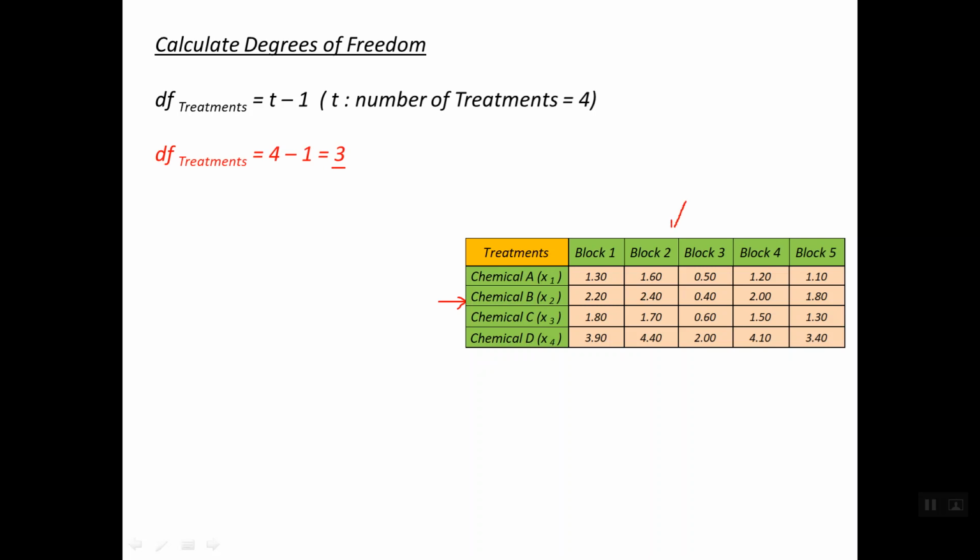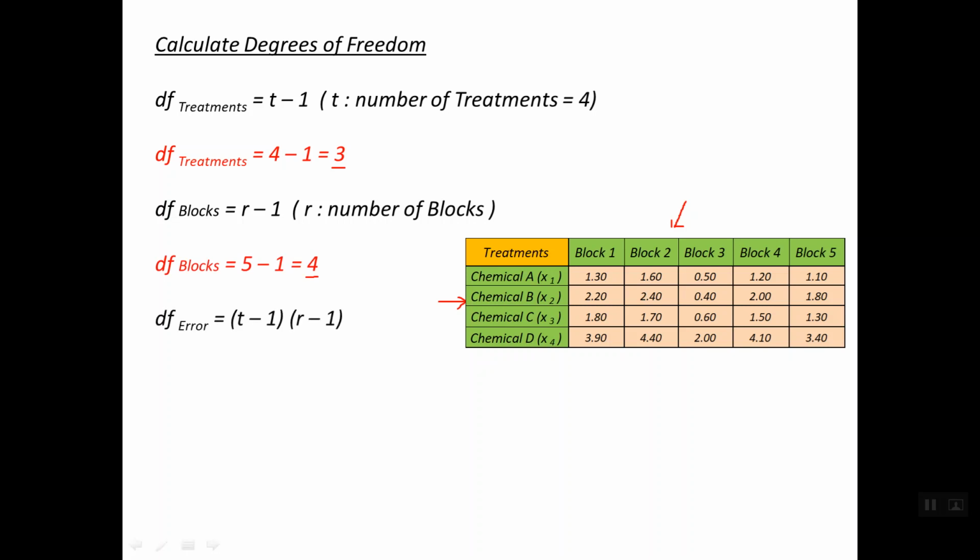Then we can simply calculate the degree of freedom for the blocks by saying that the degree of freedom for the blocks is equal to the number of blocks minus 1. We have 5 blocks, so 5 minus 1 is equal to 4. This is the degree of freedom for the blocks.